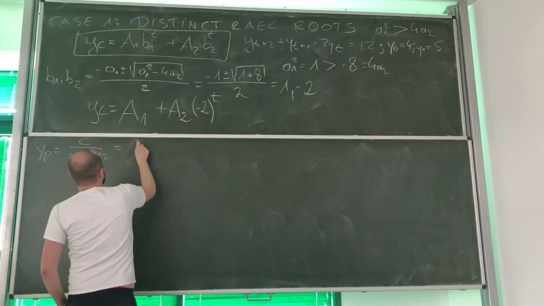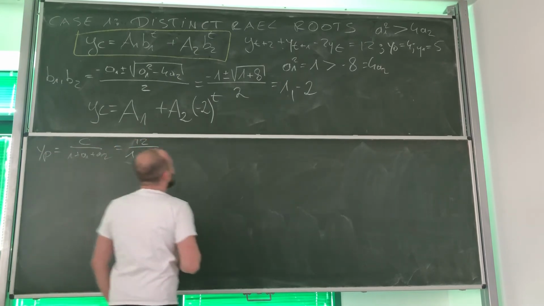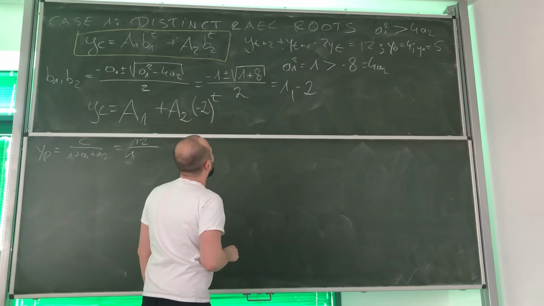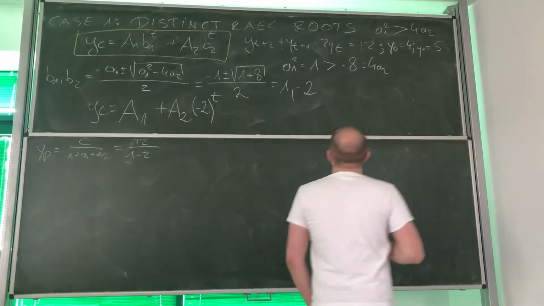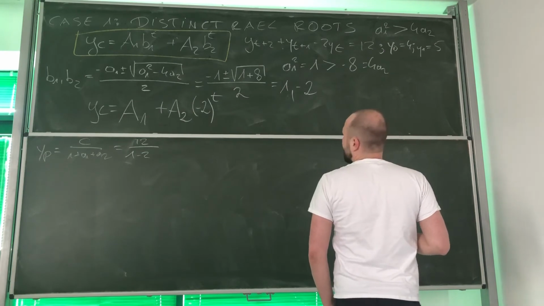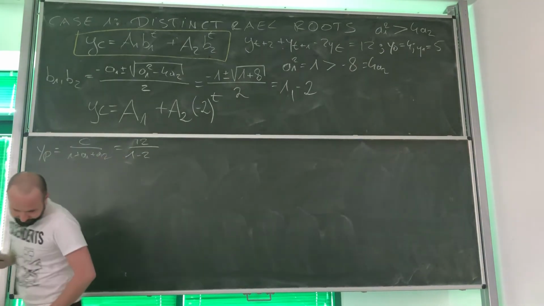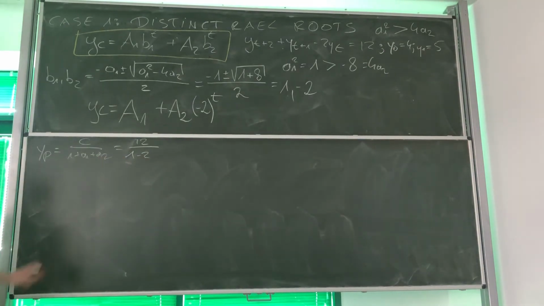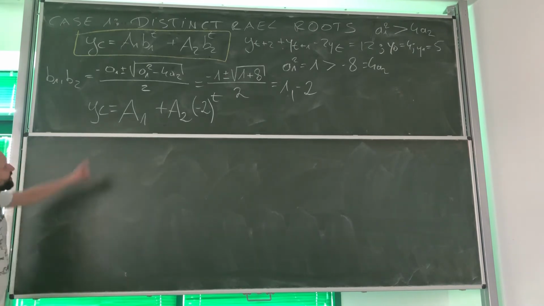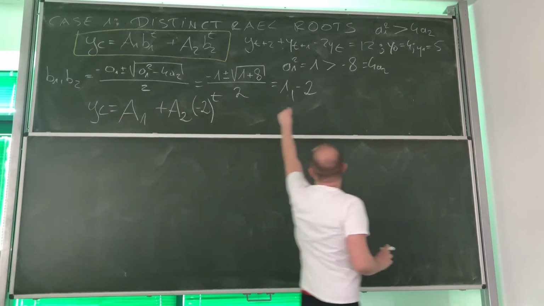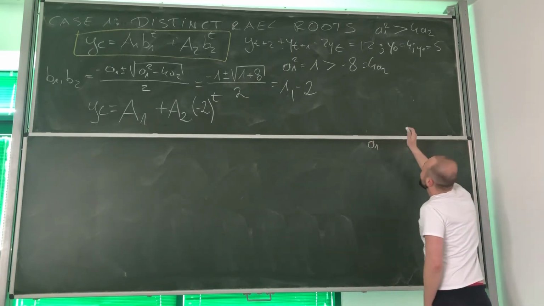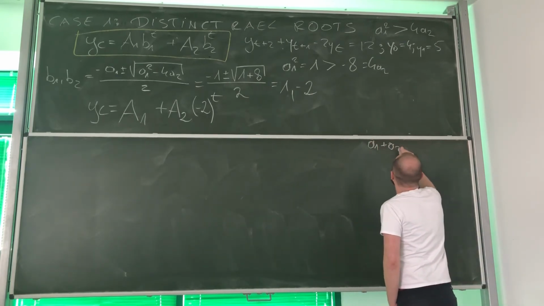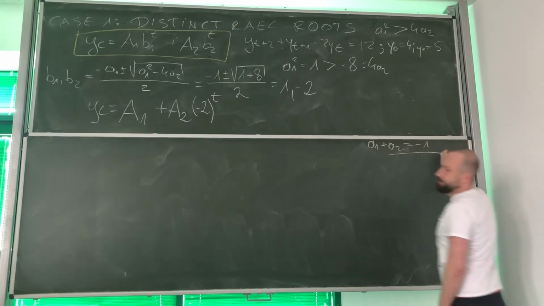So we get that this is 12 over 1 minus 2, minus 2 plus 1. Oh, wait, I'm sorry. Look, in this case, A1 plus A2 is equal to negative 1.